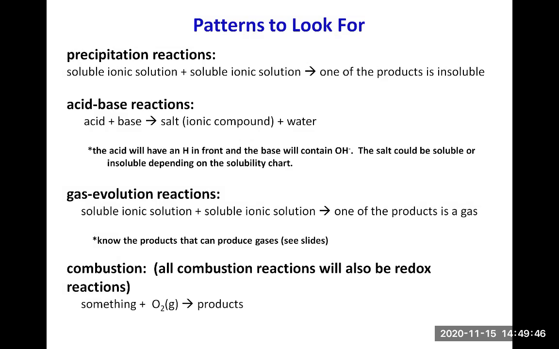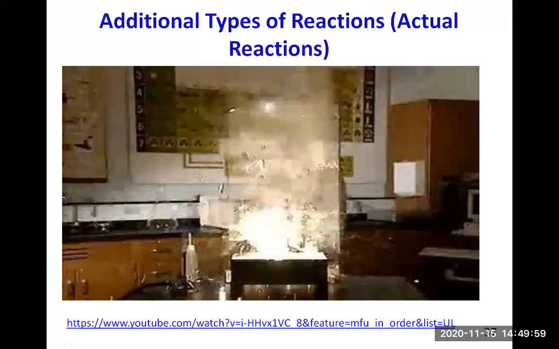Even if that something has carbon, hydrogen, and oxygen, it will still form carbon dioxide and water. So that's combustion reactions. And there are other ways to classify reactions, so let's look at this video to introduce you to that.